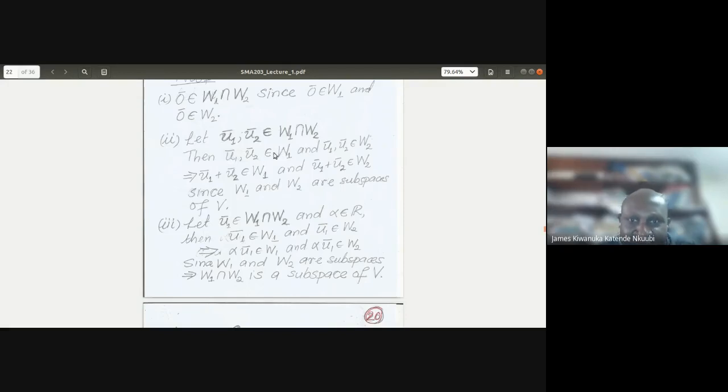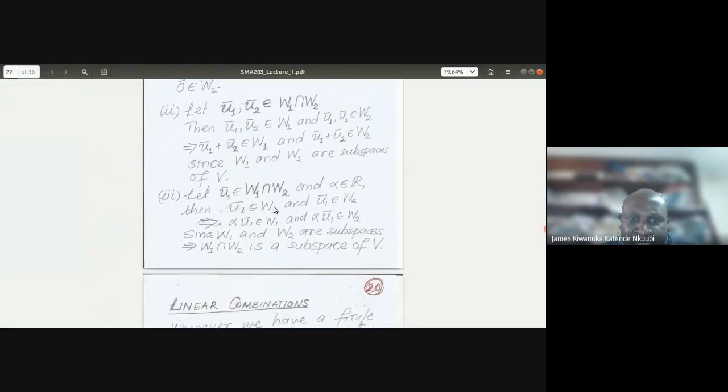So if you have two vectors in W1, then the sum of the two vectors will automatically be also in W1, because W1 is a subspace, and the sum of the two vectors in W2 must also be in W2, because W2 is a subspace. So we have shown that U1 plus U2 belongs to both W1 and W2, and therefore it must be in the intersection. So U1 plus U2 must be in the intersection of W1 and W2.